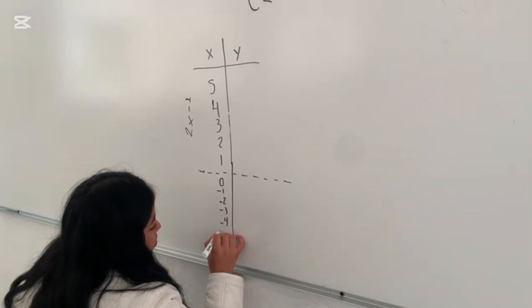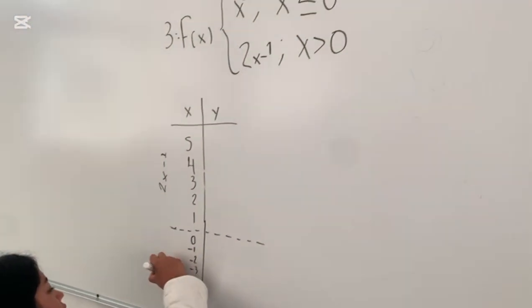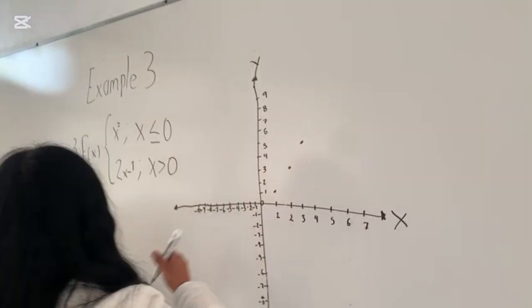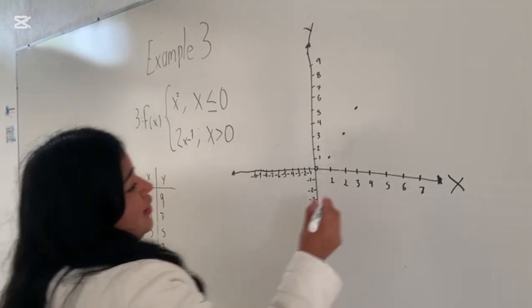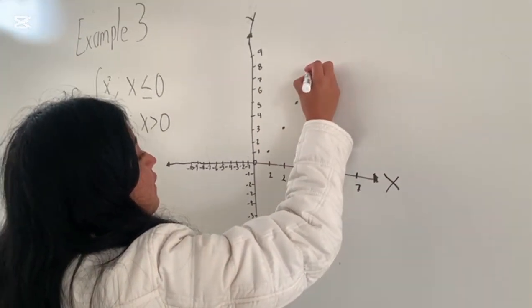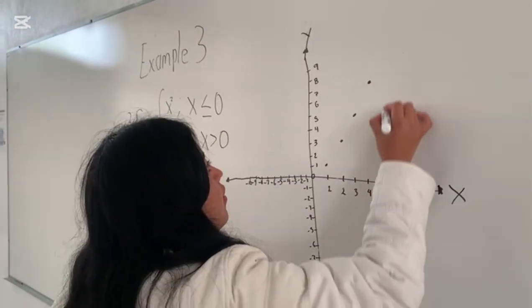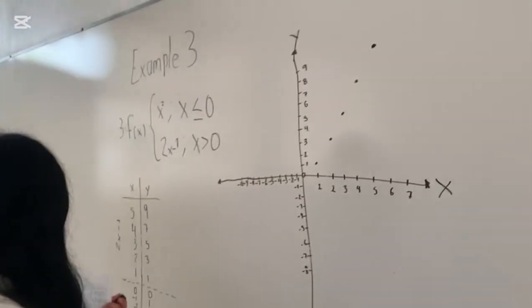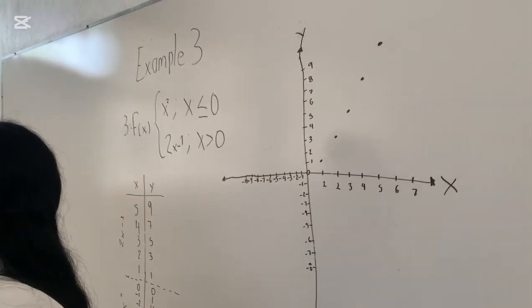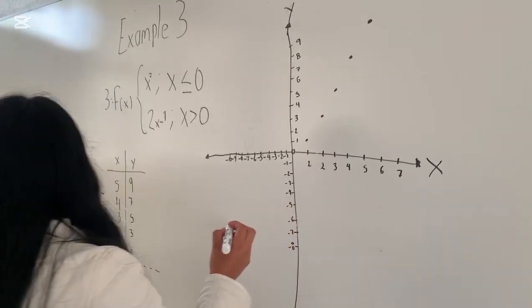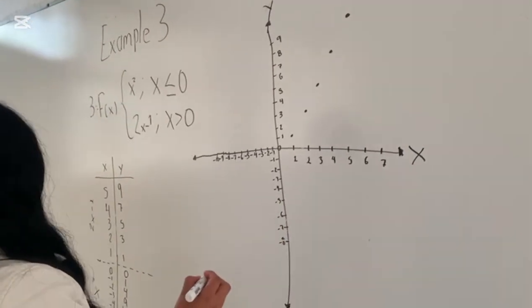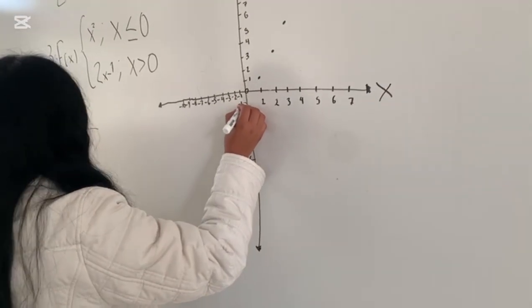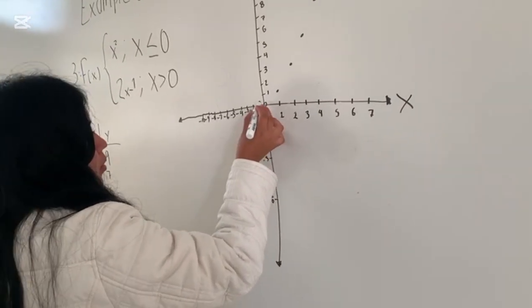For the 2x - 1, we use the values for x of 5, 4, 3, 2, 1, and for x cubed we use 0, -1, -2, -3, -4, -5.